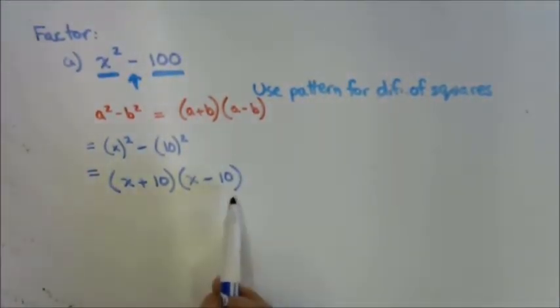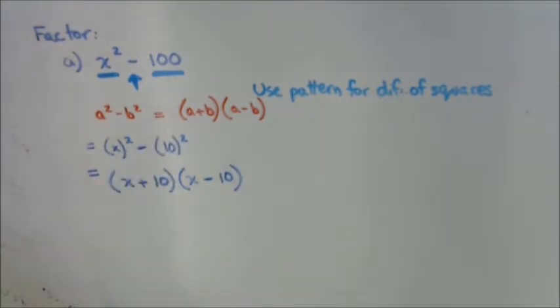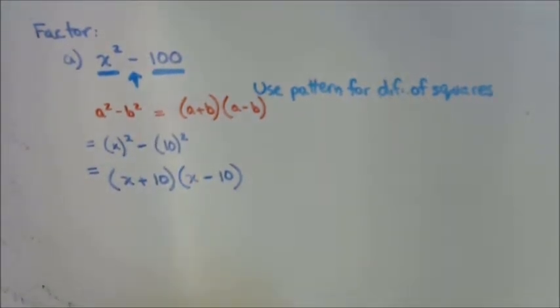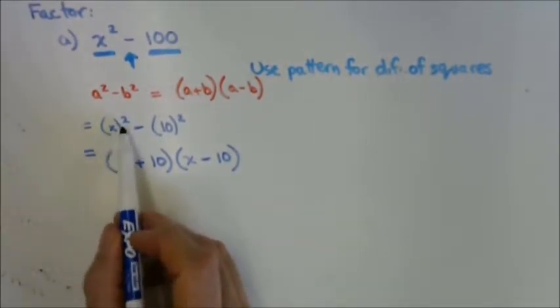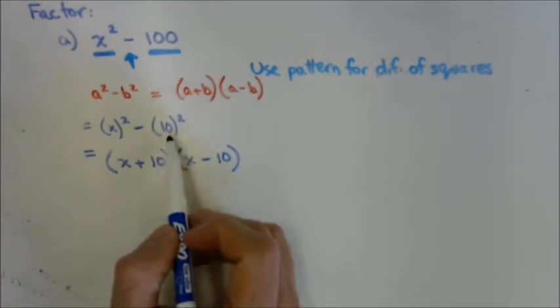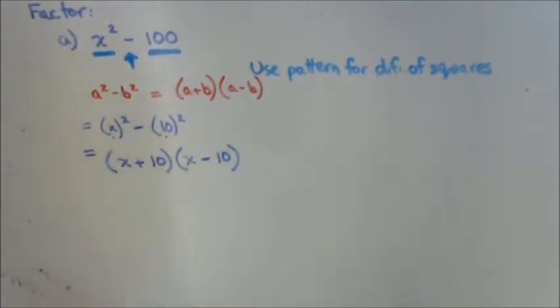I now have the product of a sum and a difference. And that's how you factor a difference of squares. And this is done. Tough? Not tough. You identify x squared is x squared. 10 squared is 100. That means a is x, b is 10. Plug it into the pattern. Carry on.